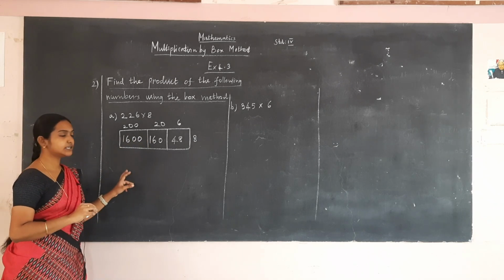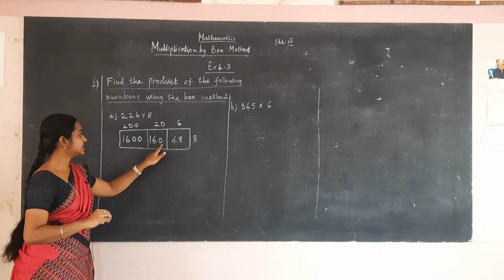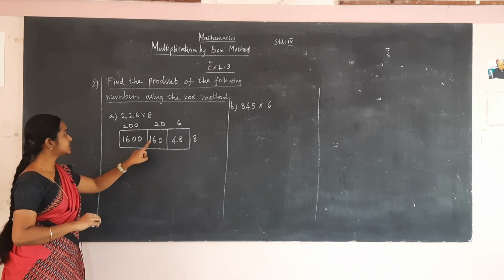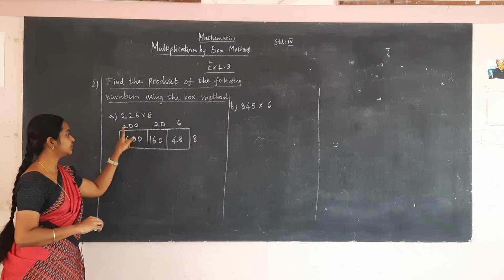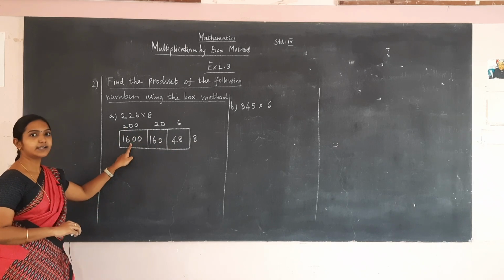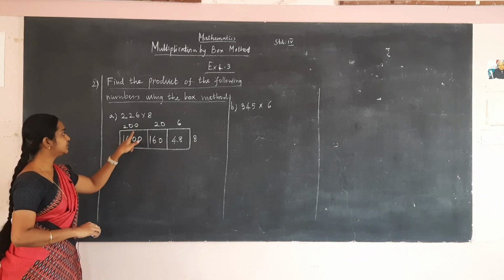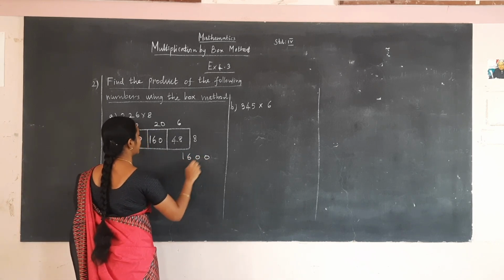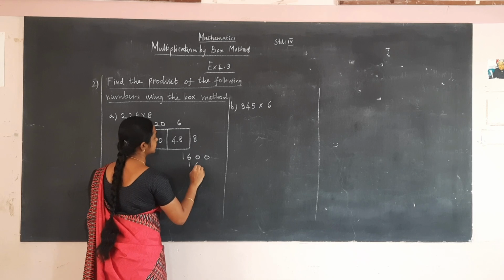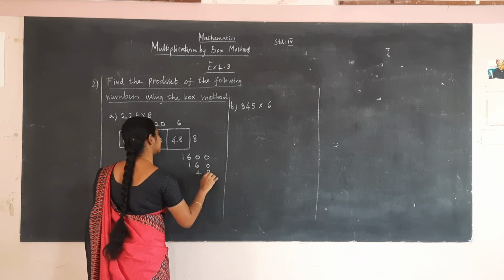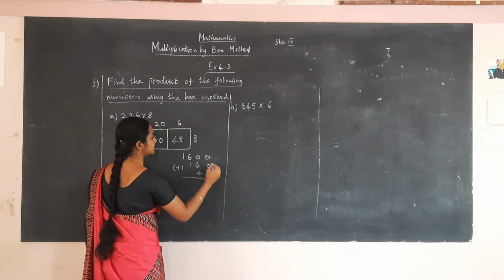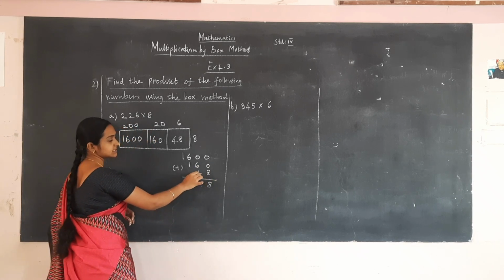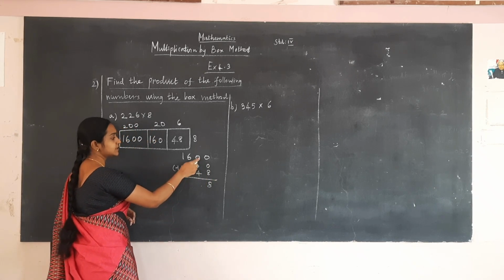You should not forget to add zeros after writing in the box. We have skipped 2 zeros and multiplied 8 and 2. 8 2s are 16. Write it in the third box and add 2 zeros. Now add 1600, 160 and 48. 0 plus 0 plus 8 is 8. 6 plus 4 is 10. 10 plus 0 is 10.